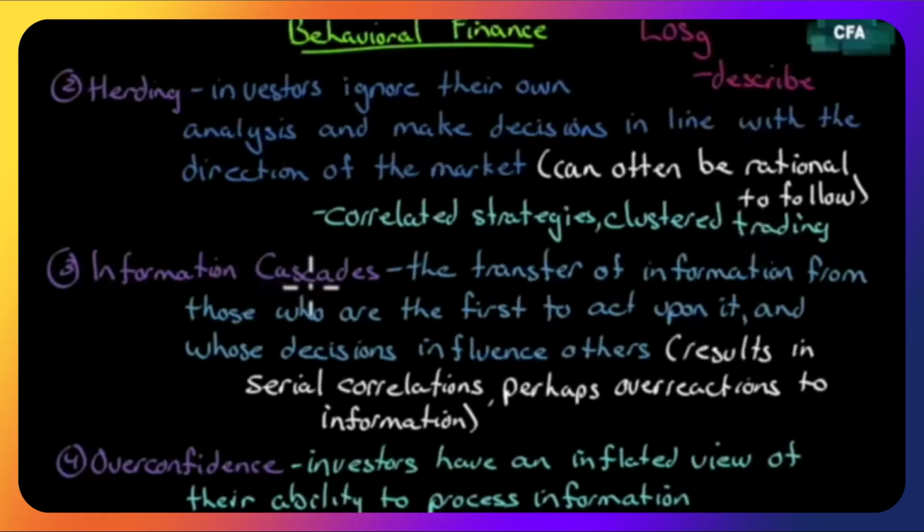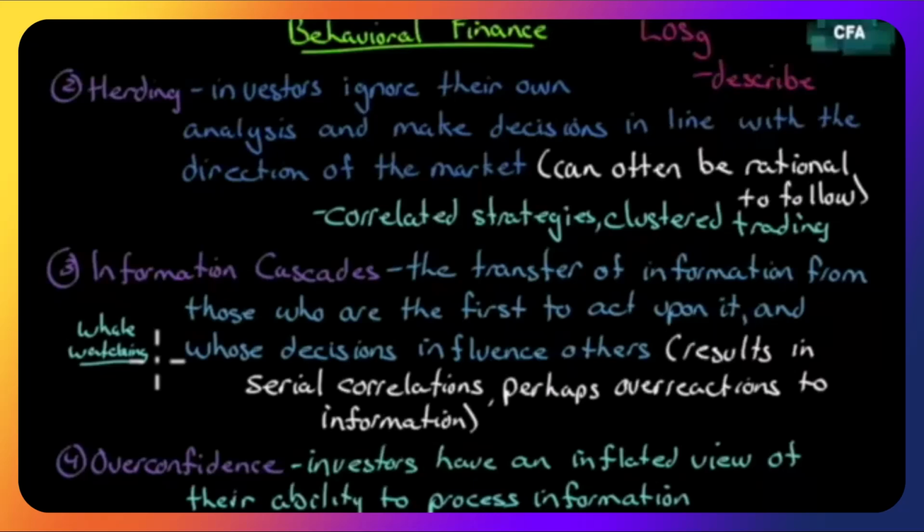Information cascades: the transfer of information from those who are the first to act upon it and whose decisions influence others. This actually has a term. It's called whale watching. That's where we watch all the really big names in investing, Warren Buffett, Carl Icahn, and we buy what they buy.